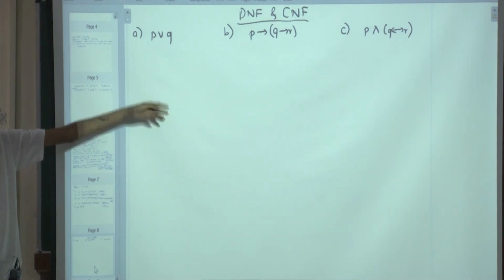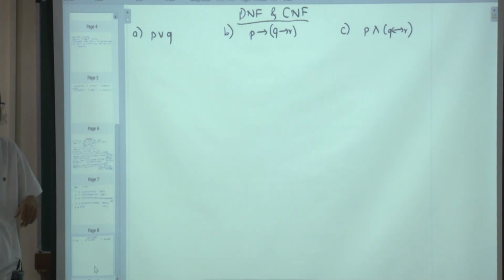Nothing changes. For B, it is negation P or negation Q or R. Yeah, this is both CNF and DNF. You don't have to go any far.